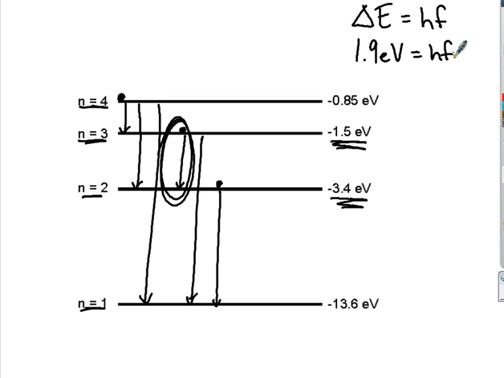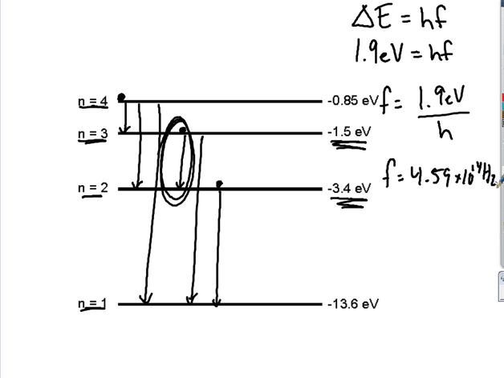I can calculate the frequency by taking my 1.9 electron volts and dividing by Planck's constant, 4.14 times 10 to the negative 15 electron volts per second. And I get a frequency of 4.59 times 10 to the 14 hertz. If I want, I can use this relationship, the universal wave equation, to convert between frequency and wavelength. c is the speed of light.